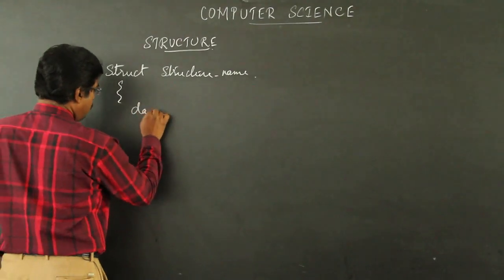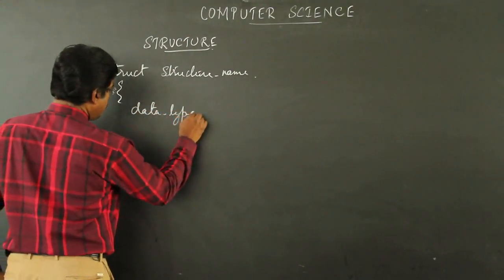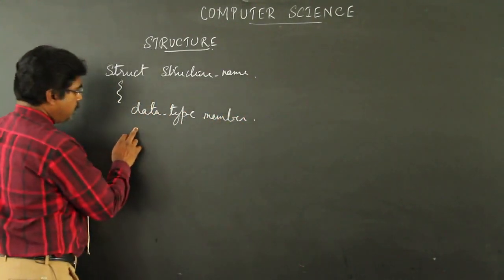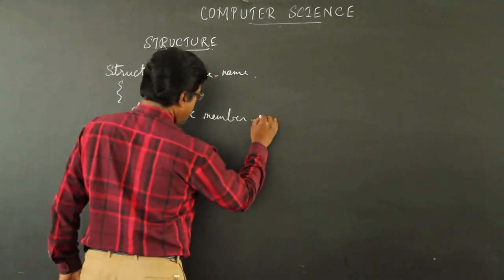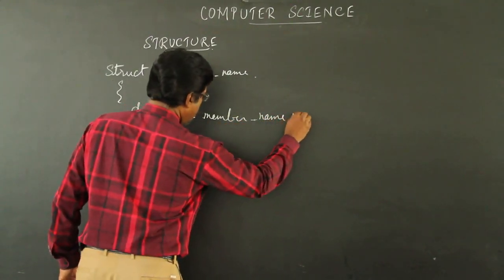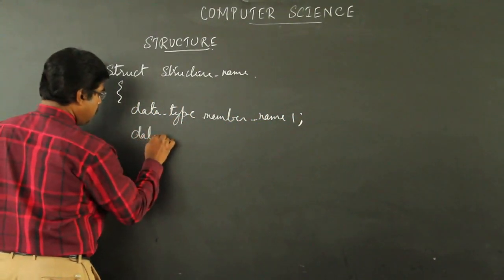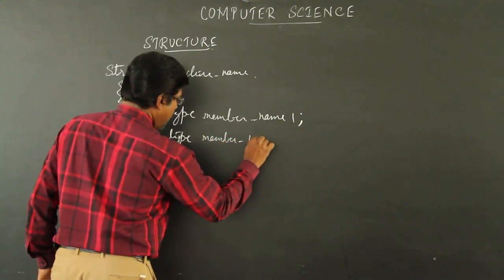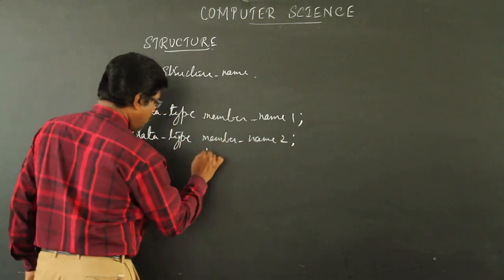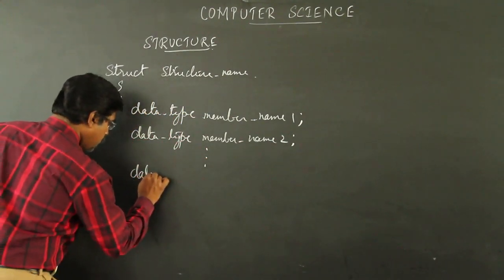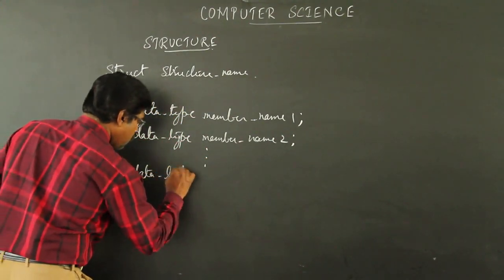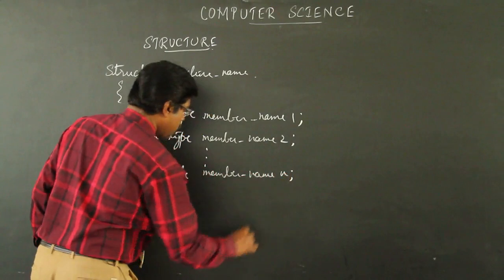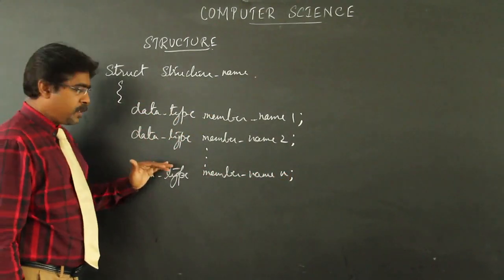So the members for the syntax will be data_type member_name1; data_type member_name2; and so on; data_type member_name n. That is, these are the members of the structure.